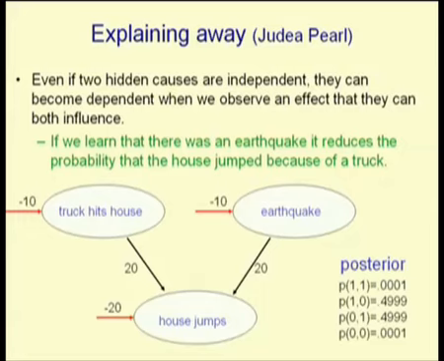So notice now, all the probability is here, so these two things are highly anti-correlated. They were independent in the prior, they're assumed to be independent events, but once you've seen that the house jumped, then if you believe this, you almost certainly don't believe that, and vice versa. That's explaining away. Pearl was the first person to make a big deal of this, and it's what makes inference difficult in these networks. And we're going to get rid of it.